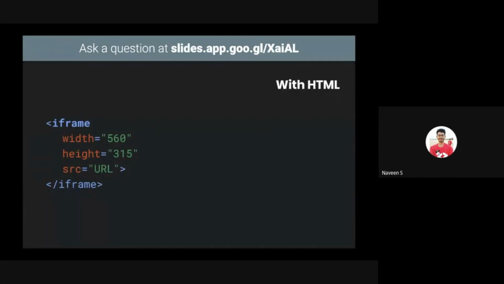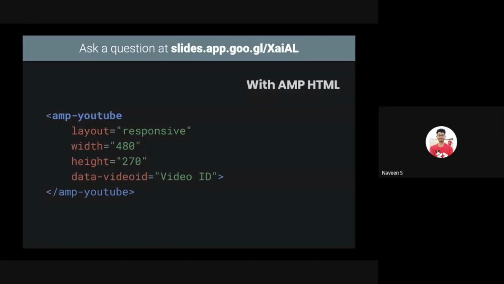With HTML, when you want to add something like a YouTube video, you use an iframe, right? You use an iframe, and with the source parameter, you add the URL and embed it. But with AMP, that becomes easier. You have a tag called amp-youtube.